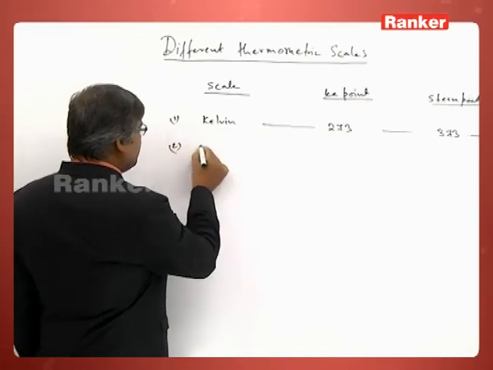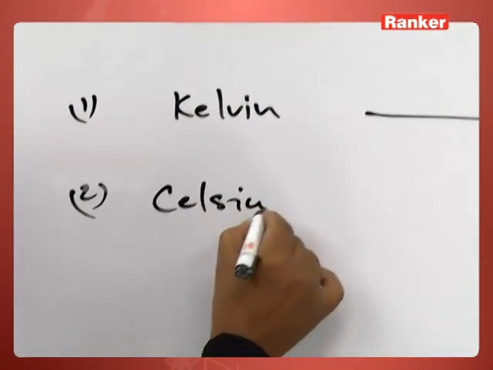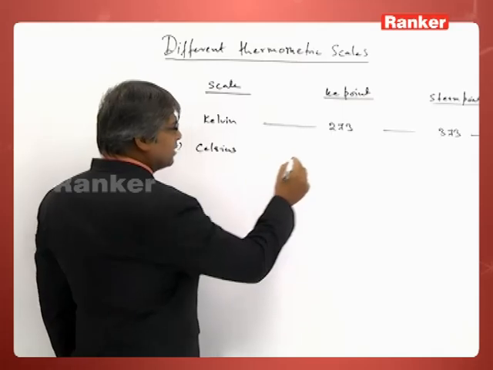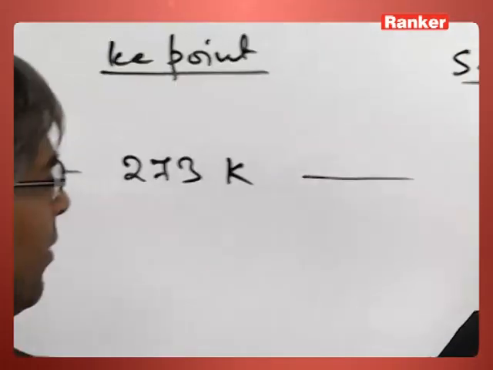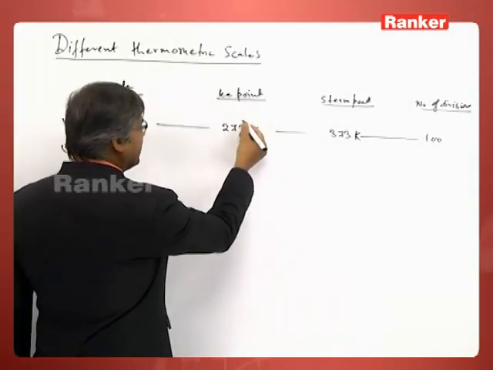Next, second, the Celsius scale. It is reported in terms of Kelvin; we don't write degree Kelvin.